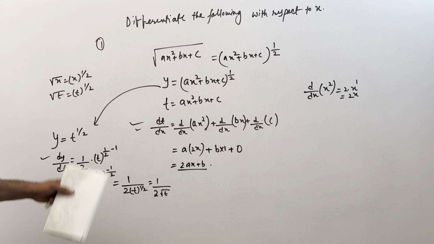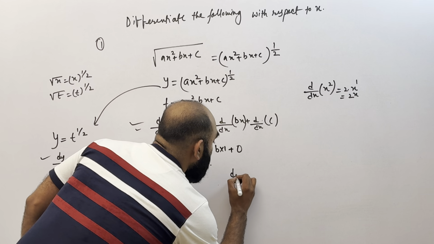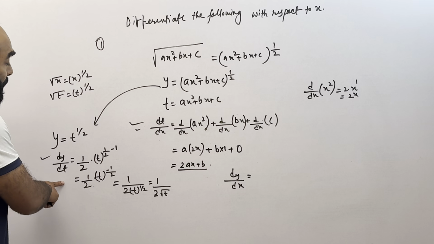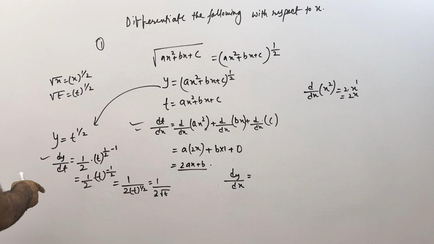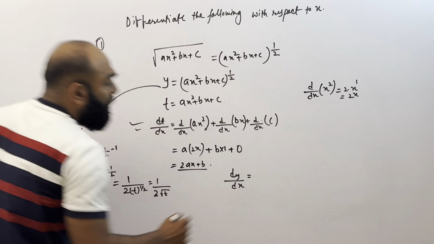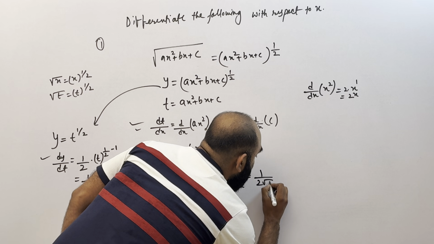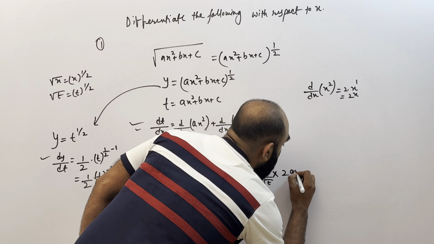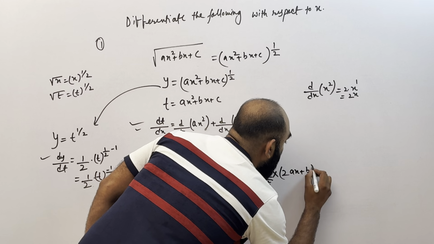Now we are interested in finding dy by dx. So dy by dx, I will start with dy by dt. So dy by dt is 1 by 2 root t into dt by dx, so it is 2ax plus b. Now what do we have to do?